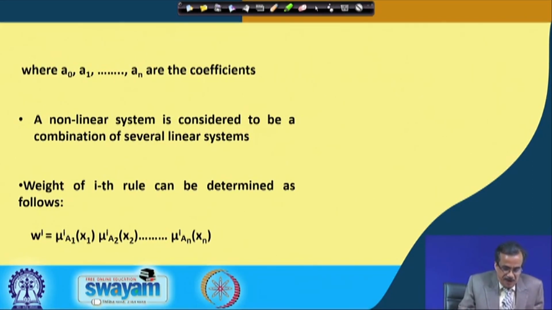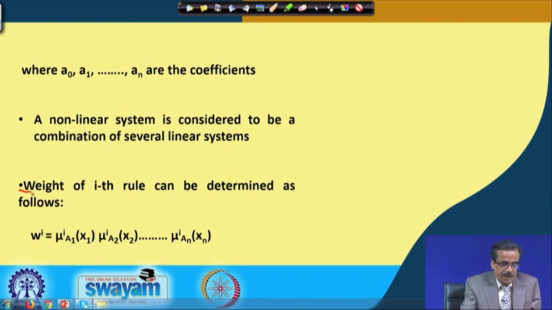Now, if I know the ith rule, we try to find out the strength of the ith rule, or the weight of the ith rule. This weight of the ith rule is represented as mu A1i(x1) multiplied by mu A2i(x2), and there are a few terms, and the last term is mu Ani(xn).